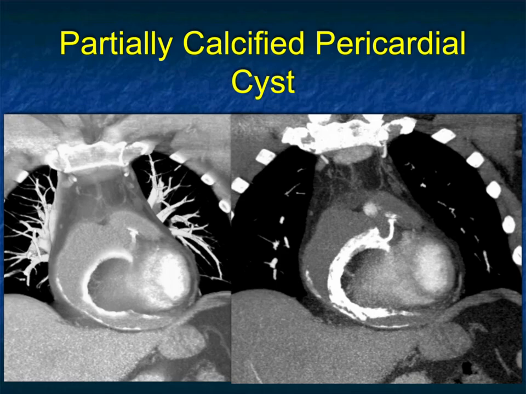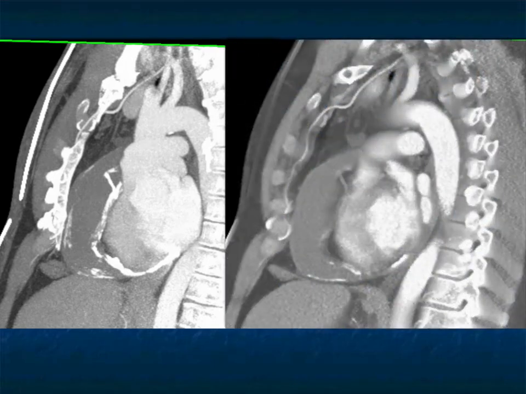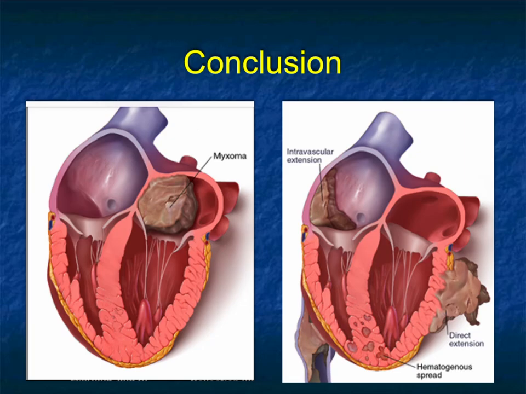Occasionally, and only occasionally, pericardial cysts can calcify. Here's partial calcification in one pericardial cyst. This patient was symptomatic and they had to remove the cyst because they were getting cardiac tamponade, and the patient did fine. But it's unusual for pericardial cysts to calcify, but this is probably the best example I have.